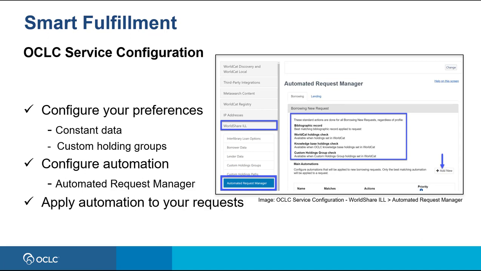Another option you have when creating ILL copy requests on behalf of your patrons is to let the system automate some of these steps. For that, you need to configure the options in OCLC Service Configuration, such as Create Constant Data, Customer Holdings, and configure automation on the Automated Request Manager, and then apply automation to your requests.